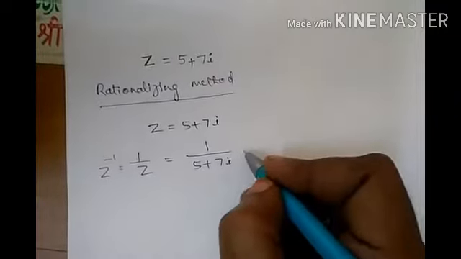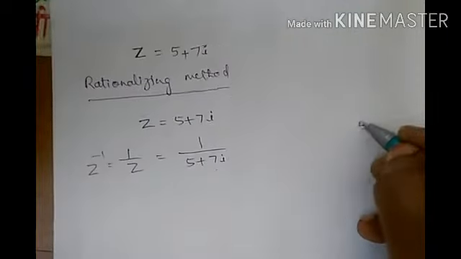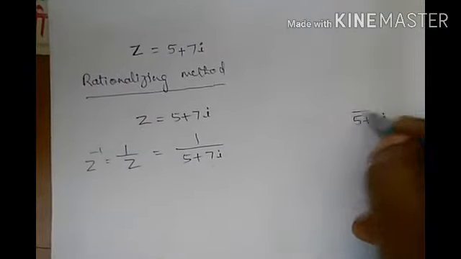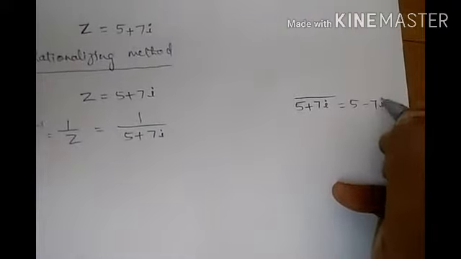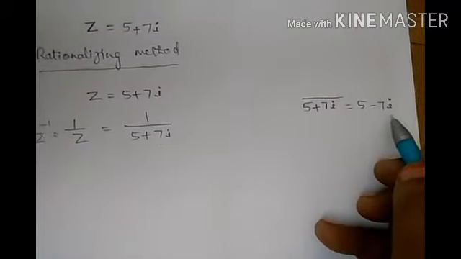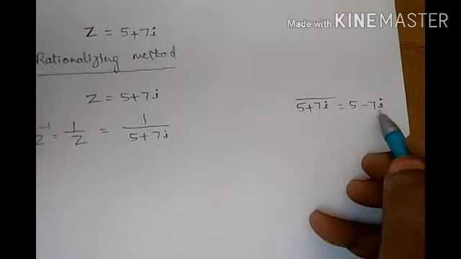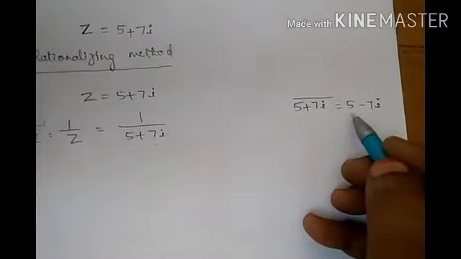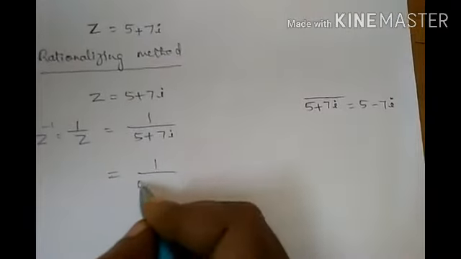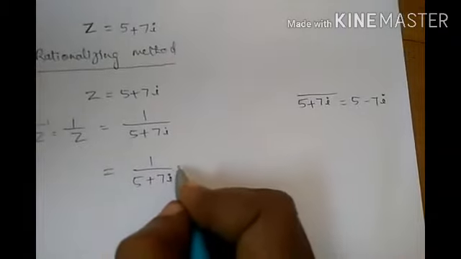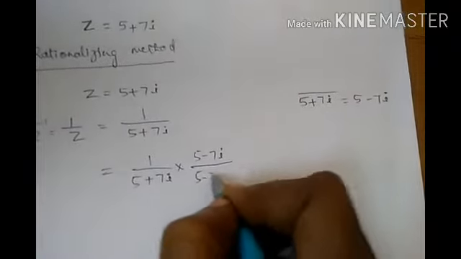It can be multiplied with the conjugate of the denominator. The conjugate of 5 plus 7i is 5 minus 7i. So multiply 1 by 5 plus 7i with 5 minus 7i by 5 minus 7i.